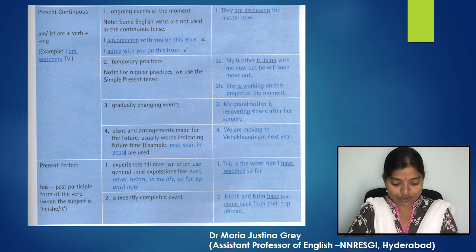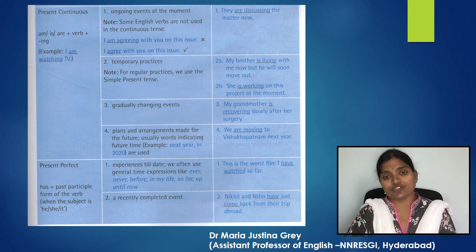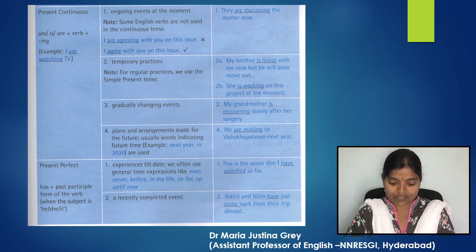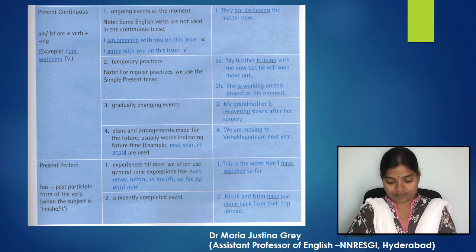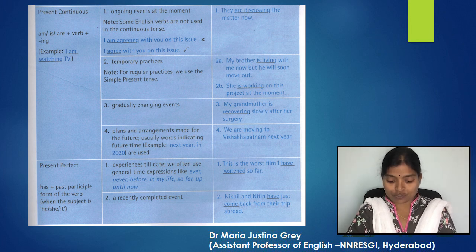For present continuous, we use am or is or are plus verb plus ing. For example, I am watching TV. We use present continuous to talk about ongoing events at the moment. Note, some English verbs are not used in the continuous tense.